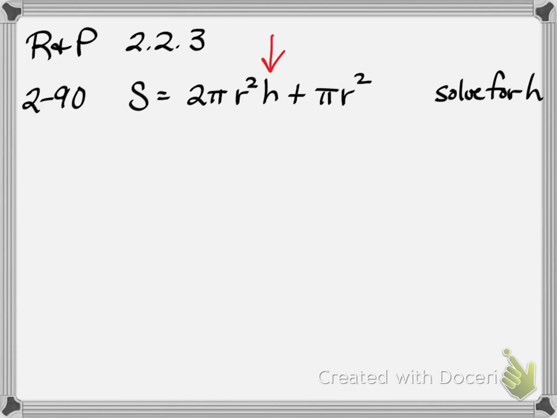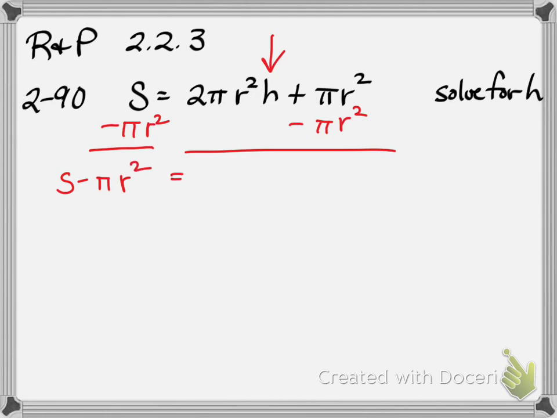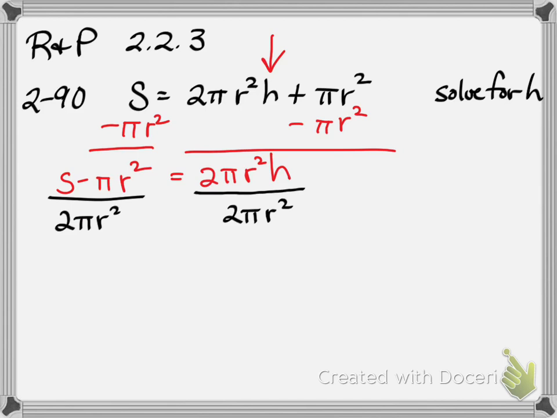So the first thing we're going to do is subtract what is being added or subtracted. So these on the left are not like terms. You just write them down. And now all of this stuff, the 2 and the pi and the r squared, are all getting multiplied by h. So we'll just divide both sides by the 2 and the pi and the r squared.